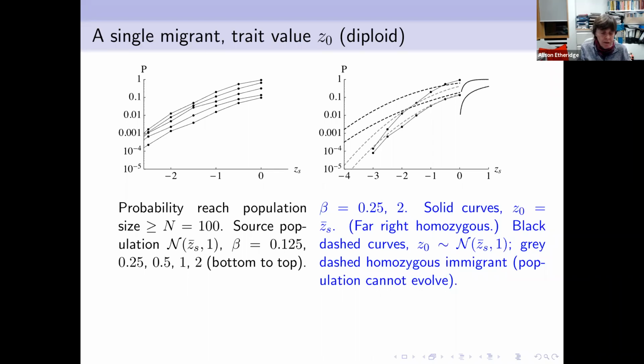There's some distribution around that. And here we just see the probability of establishment, or reaching population size at least 100, for different values of beta. And as beta increases, actually our chance of establishing increases.